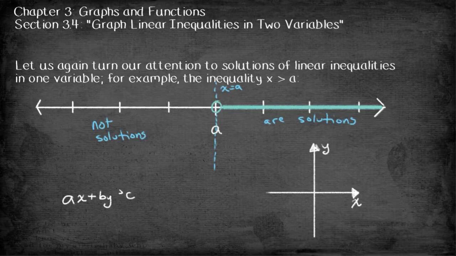If we look at the linear inequality ax plus by greater than c, then we can easily get a linear equation from that by simply turning the inequality symbol into an equal sign, and that gives us a line.